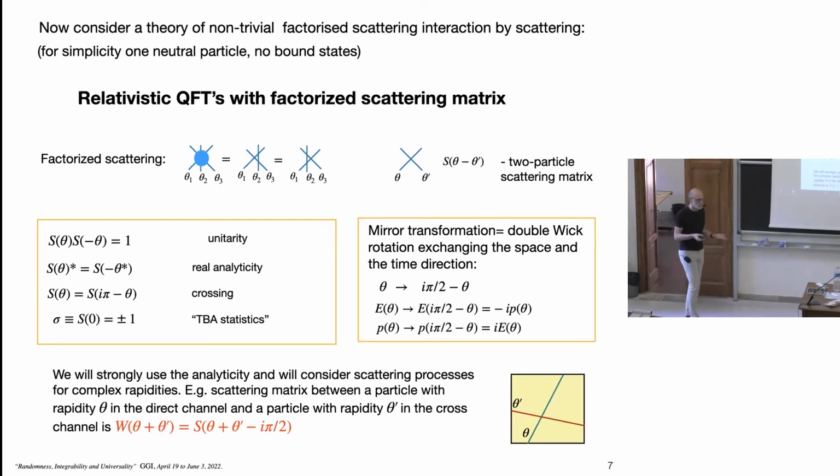So this gives the usual S matrix. But also, we have to consider scattering of physical with mirror particles. And this, by this transformation, will give this function W, which I will use later, which is the shifted S matrix.